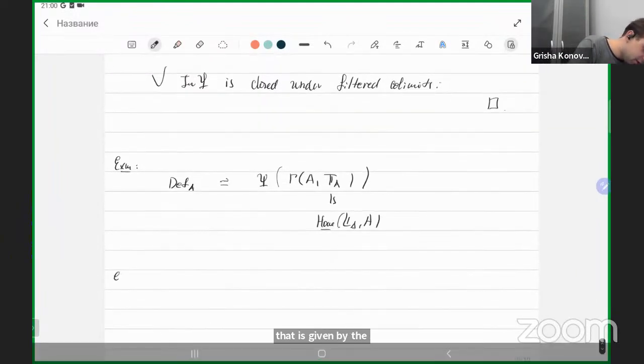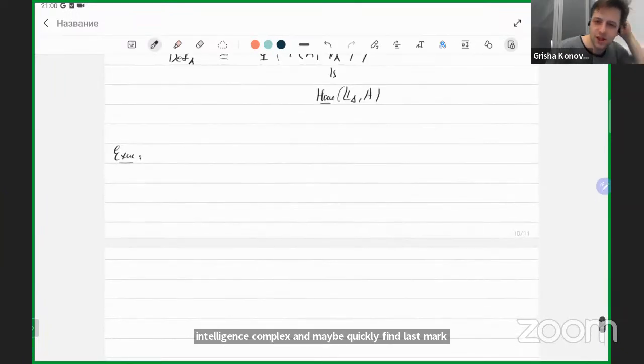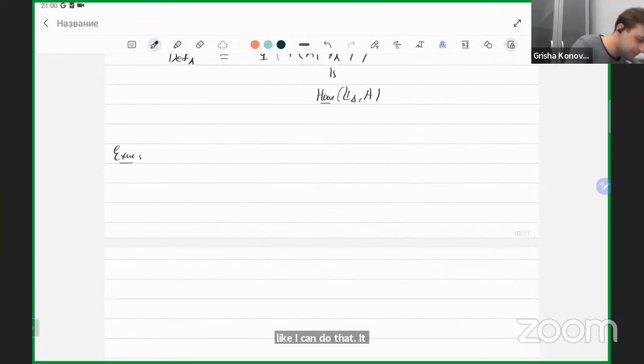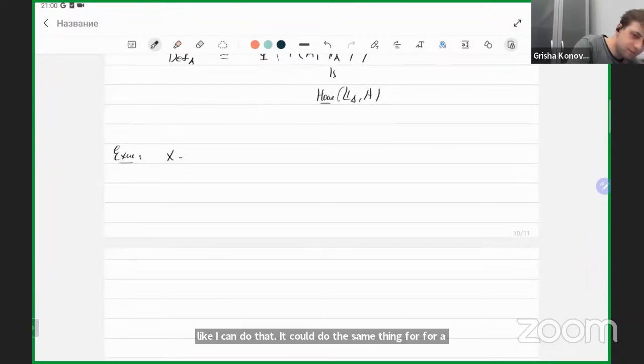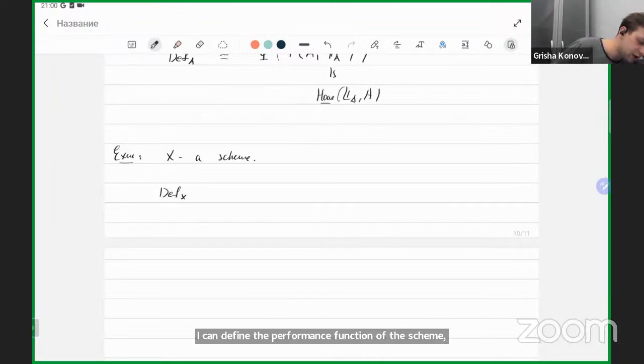And maybe quickly, a final remark. I can do the same thing for a scheme, probably derived. I can define the deformation functor of the scheme, which will also be a formal moduli problem.